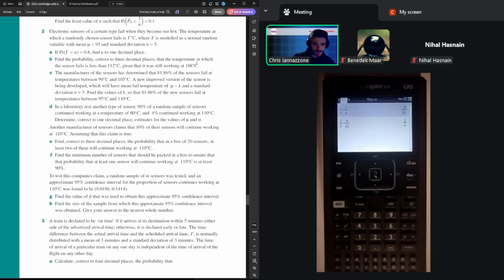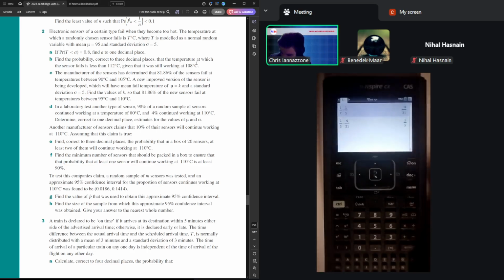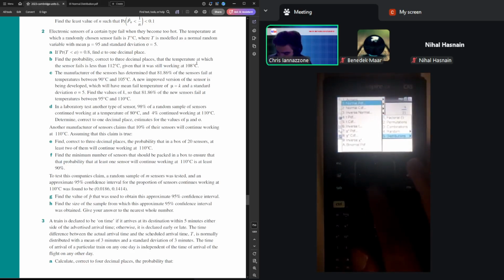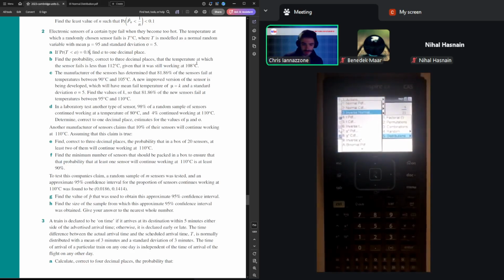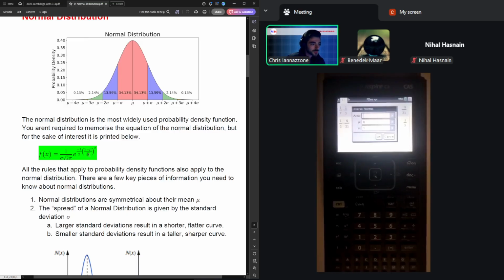Better way of going about it, because the CAS has inbuilt functions for the normal distribution, you're better off using, at least in this case, the inverse normal. Because what you're trying to do is solve an upper or a lower bound. Inverse normal, all you're going to do is plug the information directly into this and you'll get the right answer. But exactly as you suggested, that will work. If you put the mean and standard deviation in those spots on your f of x and use the continuous probability approach, it'll get there.